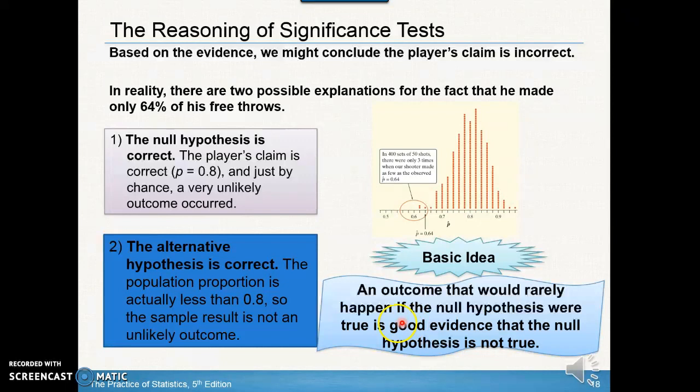So if the null were true, this gives us good evidence that the null hypothesis is not true. We are assuming that he makes 80% of his shots, but then we get evidence that he doesn't make 80% of the shots, and that's not going to happen very often.